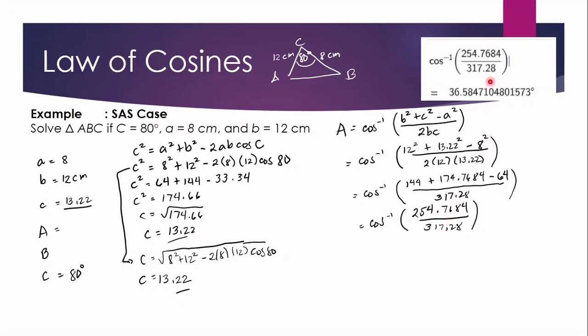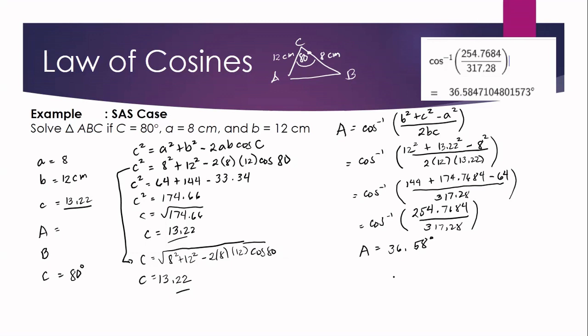If you do that, we have here cosine inverse dito sa taas, 254.7684 over 317.28. So as you can see here, the answer, rounding off to the nearest hundredths, our angle A is equal to 36.58 degrees. So that is angle A.